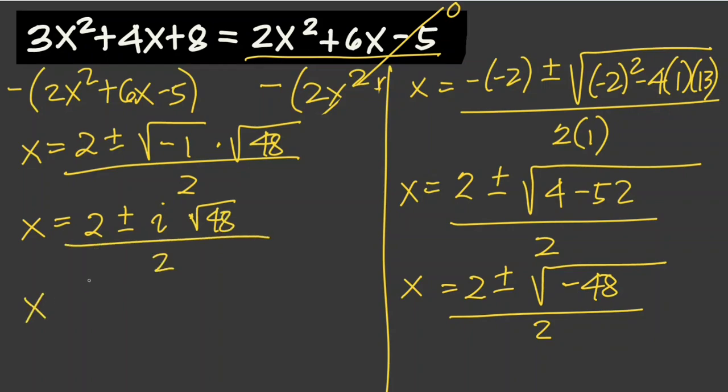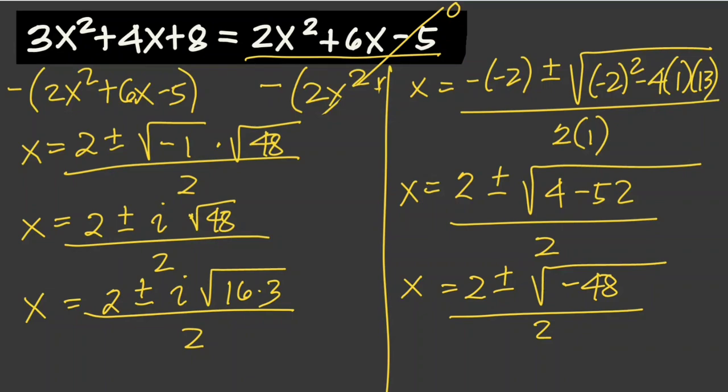And then the square root of 48 can be written as 16 times 3. Okay, 2 plus minus i square root of 16 times 3 over 2.